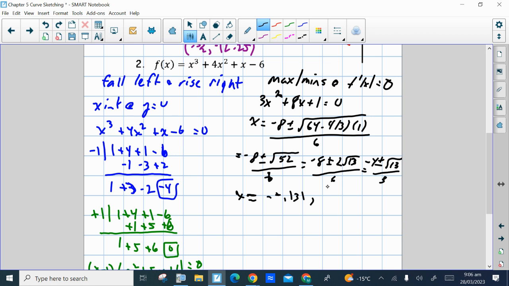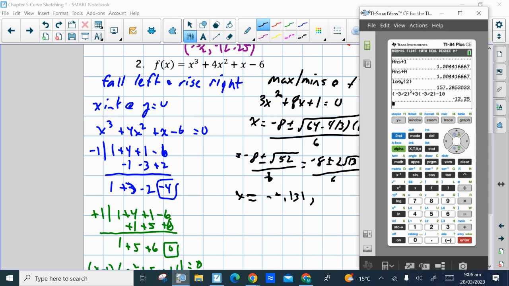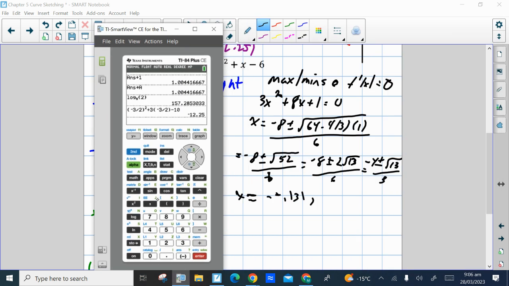2.5, no, let me check these. Let's check these just to make sure. So, negative 4 plus root 13, all in brackets to keep our numerator together, divided by 3, at negative 0.131.